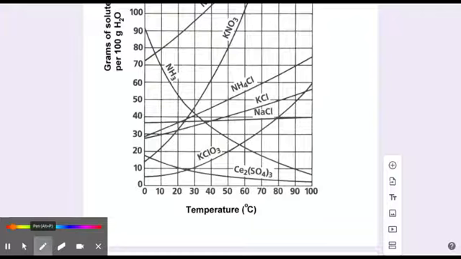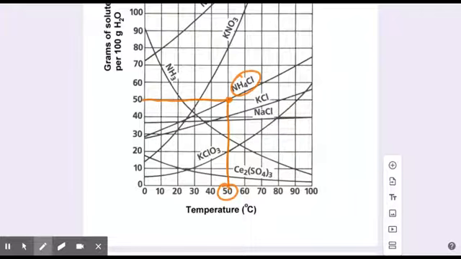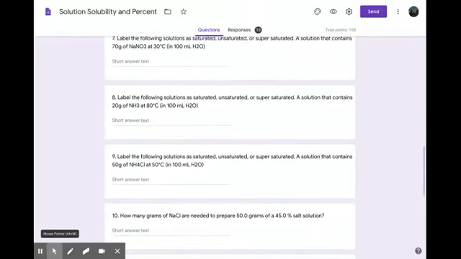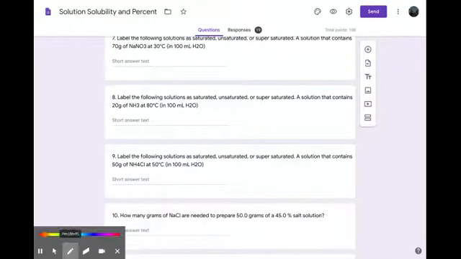This point is the intersection, and its solubility or saturation level is 50 gram. And we happen to have 50 gram, right? So it's right at its maximum amount of solubility level. So this solution should be saturated. It is saturated.